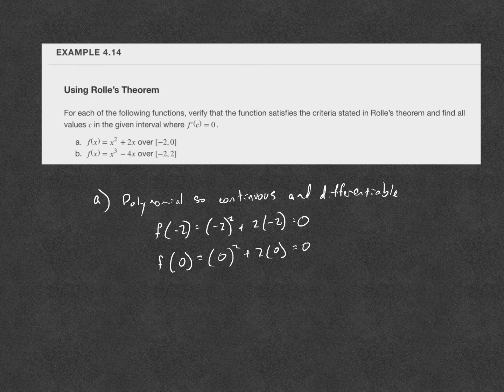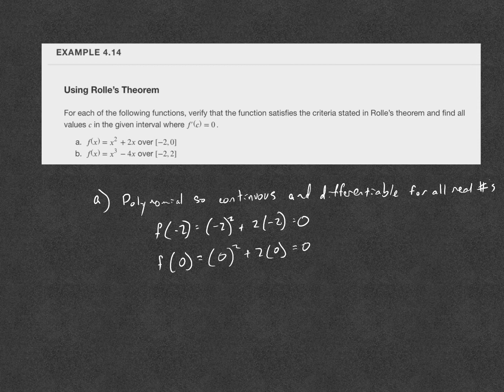Hey, there we go. So has to be continuous, has to be differentiable, and the function value at the endpoints has to be equal to each other. Okay. Actually, I'm going to add on to my phrase at the top, polynomial, so continuous and differentiable for all real numbers.